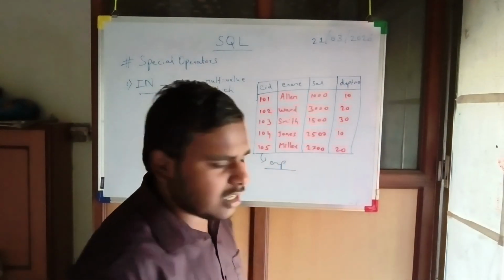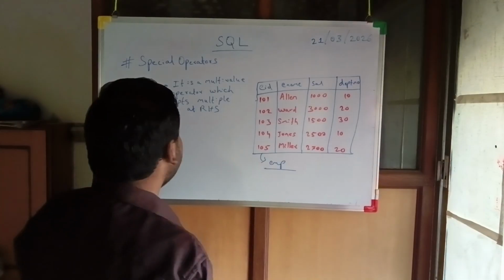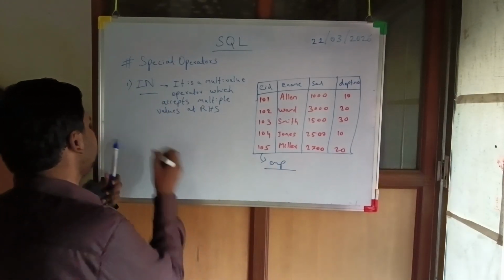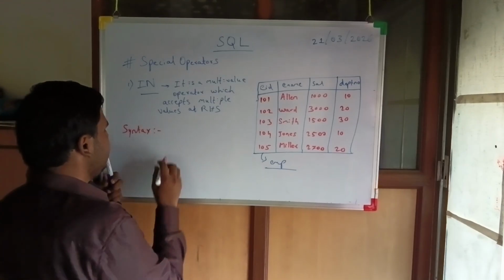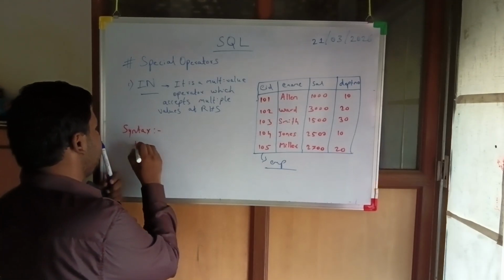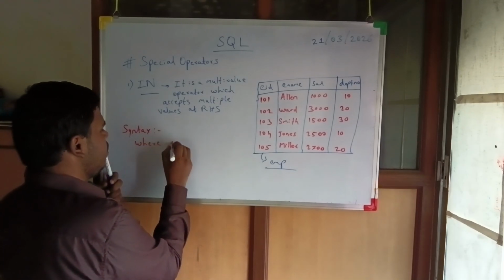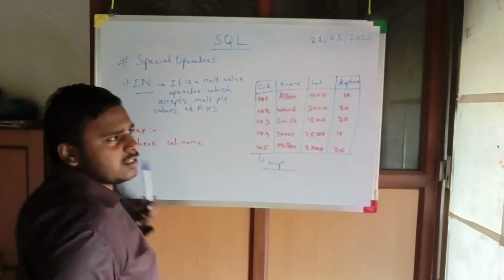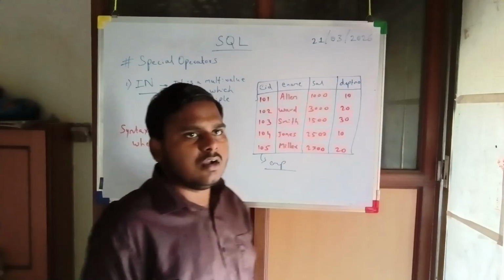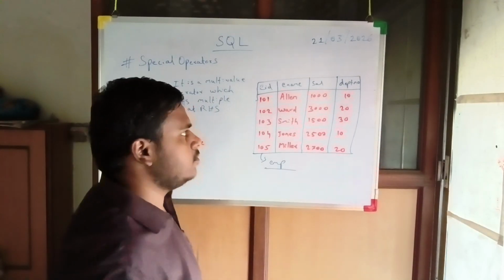Now let's see the syntax. The syntax is simple. In the WHERE clause we write the filter condition: WHERE column name, and sometimes an expression will also come, depending on the question.